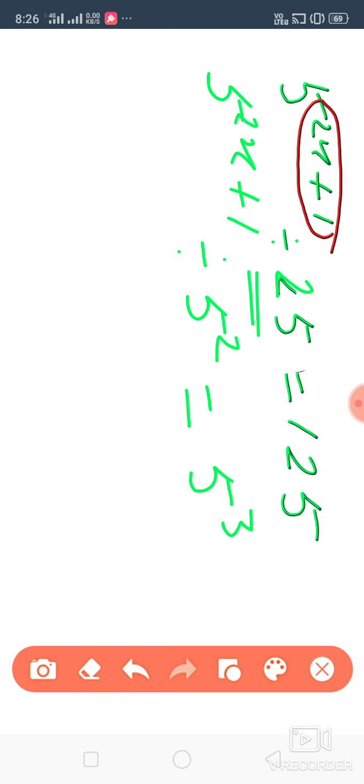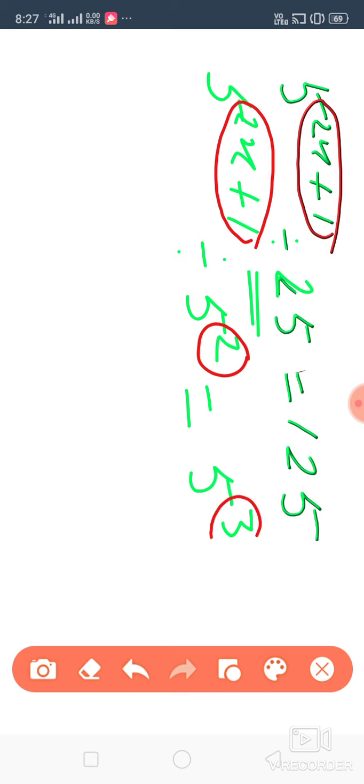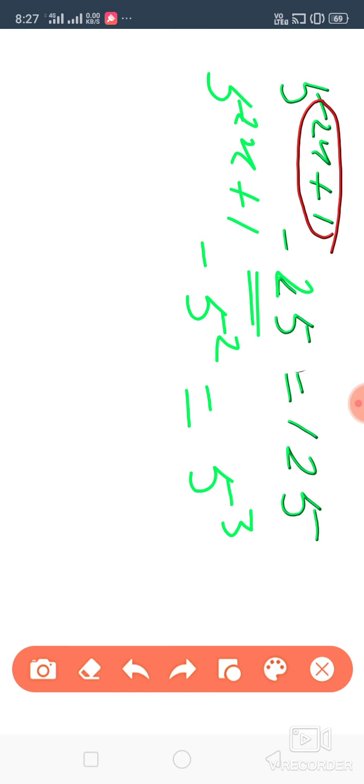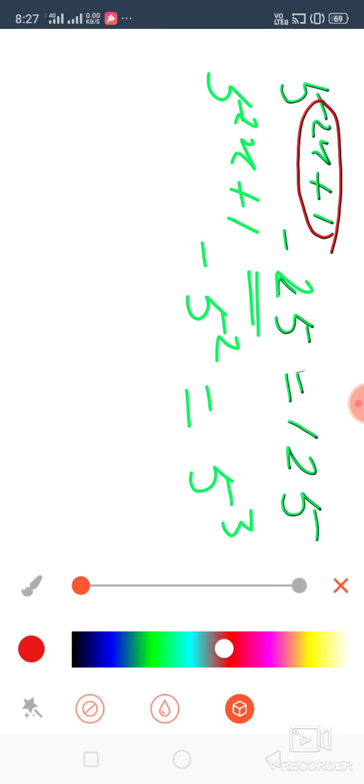This 5 its exponent is 2x plus 1, this 5 its exponent is 2, and this 5 its exponent is 3. Now here it is a division sign.